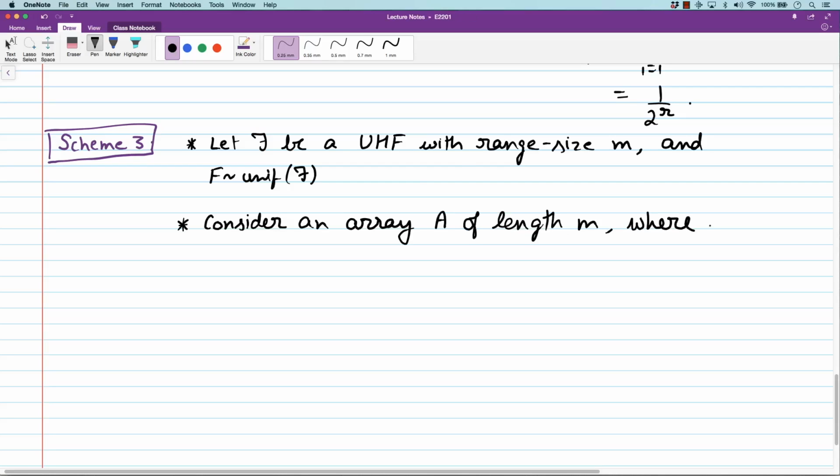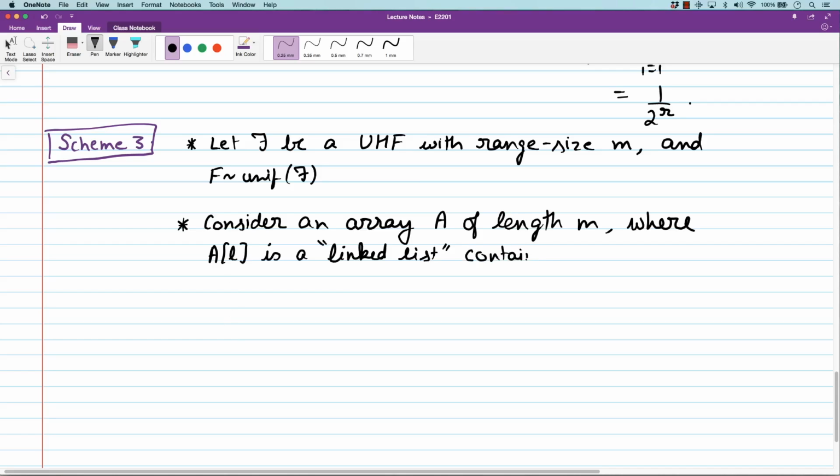where A_j is not a bit. A_j is a linked list. If you don't know what a linked list is, it's just some way of storing some sequence of data.